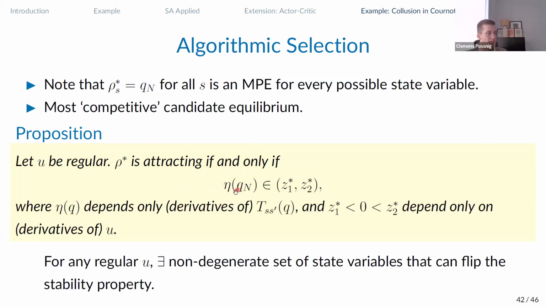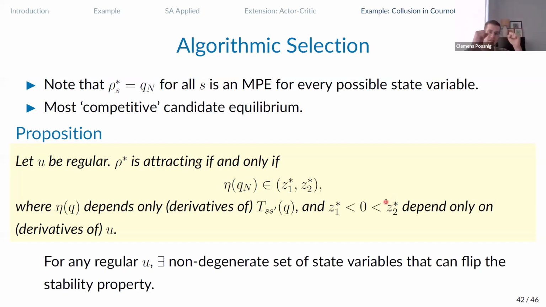And what's important is that this eta function depends only on the absolute values and derivatives of this transition probability of the state variable. So this is a quantity that only depends on details of the state variable and the distribution of the state variable. And these cutoff points depend only on details of the payoff function, which has nothing to do with the state variable.